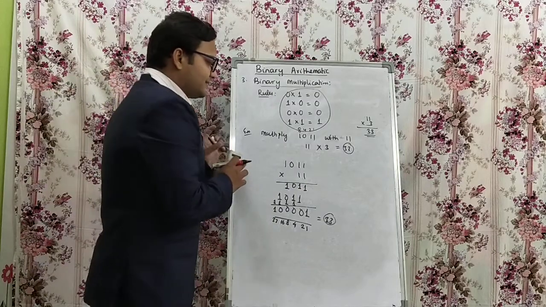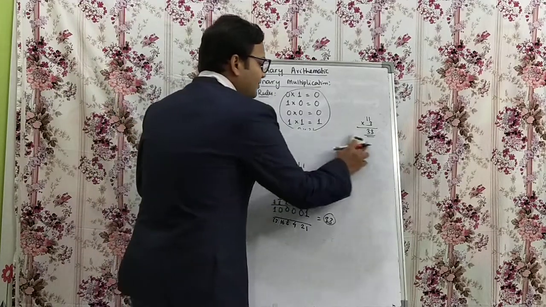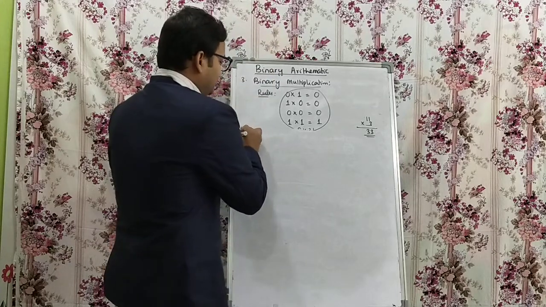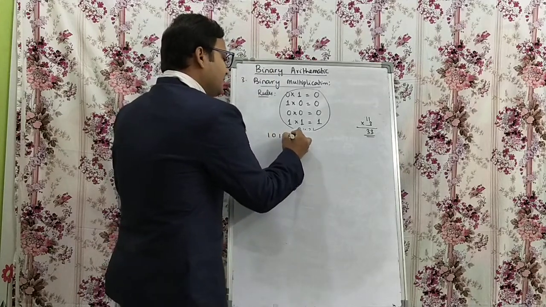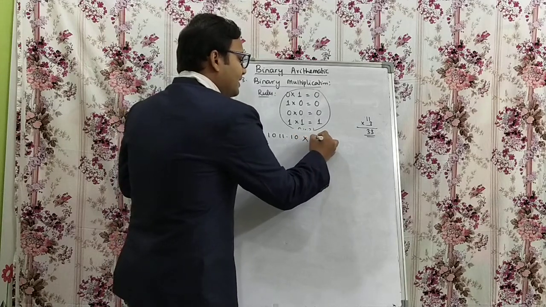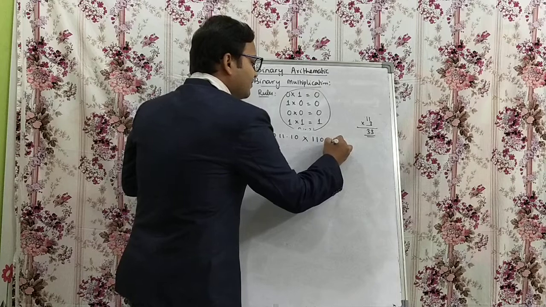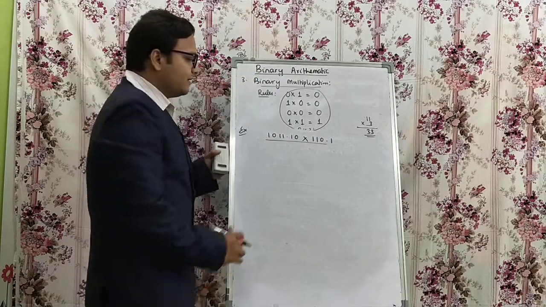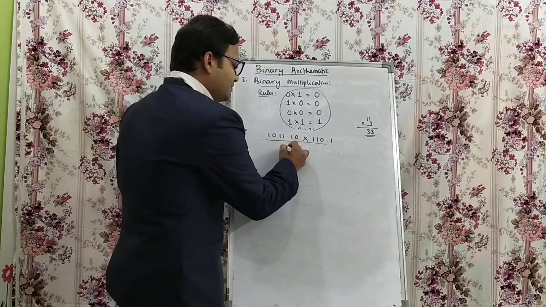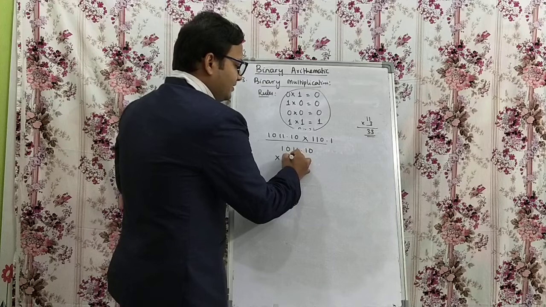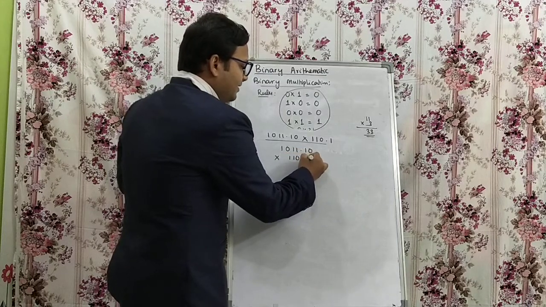Now the thing is, let's say one more example I am going to take. 1011.10 multiplied with 110.1. If you want to multiply this, how can you perform it? Again the same procedure, 1011.10 multiplied with 110.10.